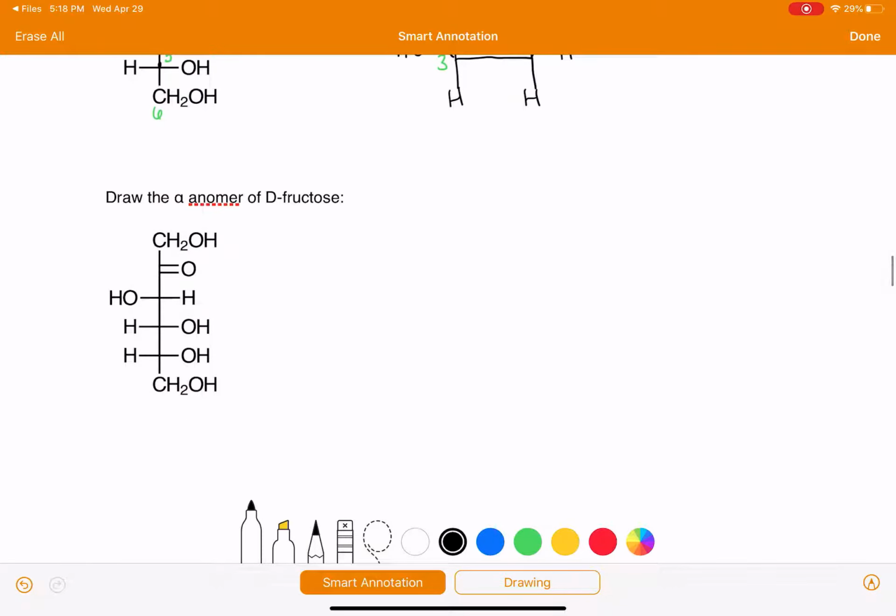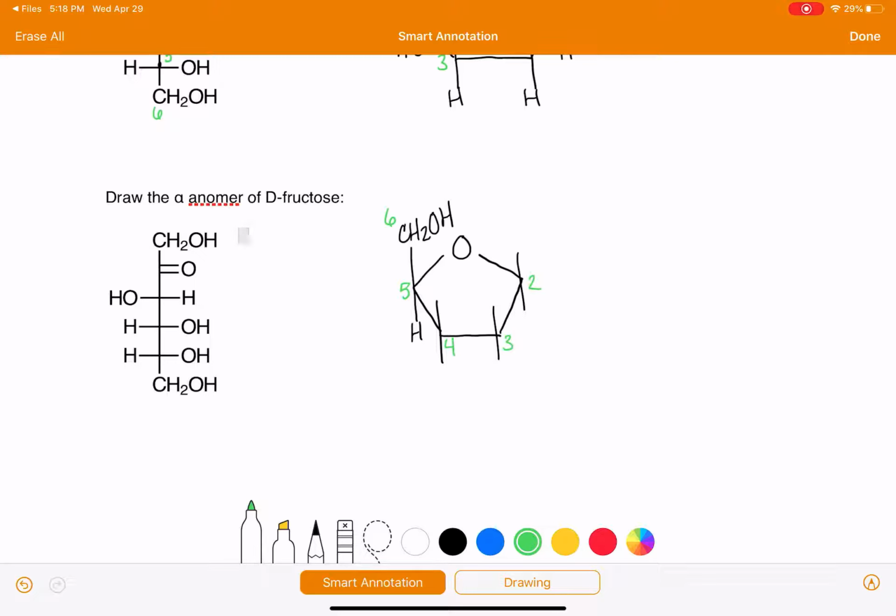Here is a ketose. So for a ketose, we have a generic structure that looks like this. We'll draw in our vertical bonds. I know that I'm going to have a CH2OH right here. That is carbon number 6, 5, 4, 3, 2.